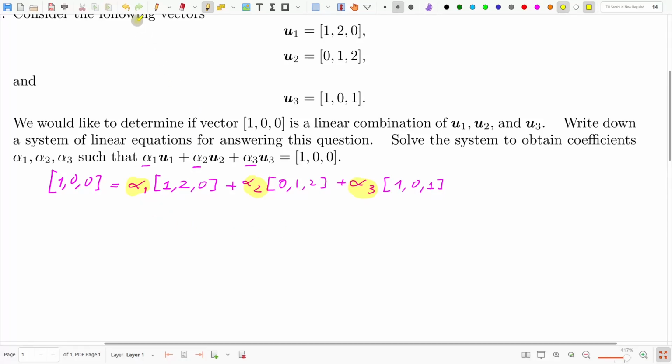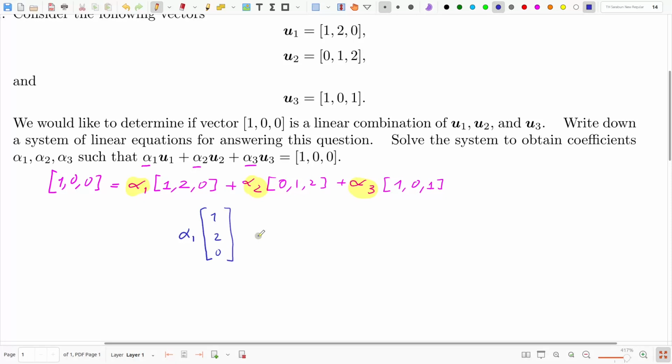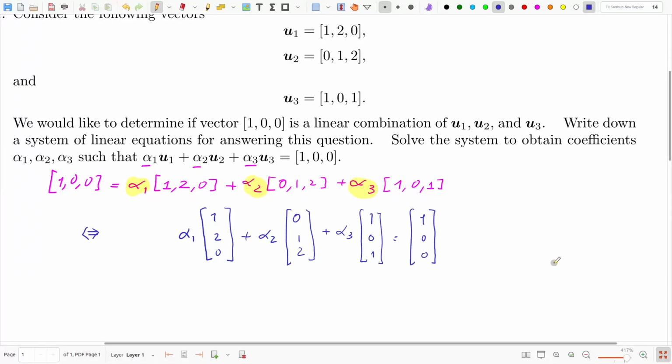This is basically a vector equation. So this is alpha 1 times 1, 2, 0, plus alpha 2 times 0, 1, 2, plus alpha 3 times 1, 0, 1, and this equals 1, 0, 0. Same thing, okay?